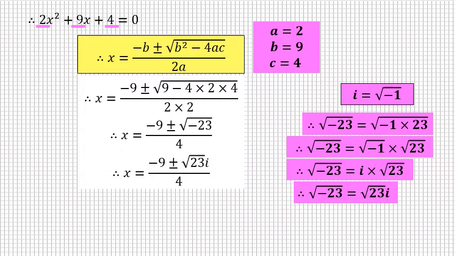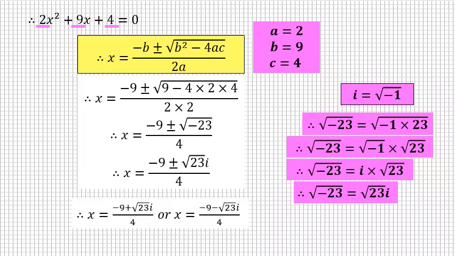So that's what we pop into our very next line of our equation. And voila, we've pretty much come to the very end of the question. We now, just to show that we realize plus minus represents two answers, we split it up and say x equals negative 9 plus root 23 i over 4, or x equals negative 9 minus root 23 i all over 4.